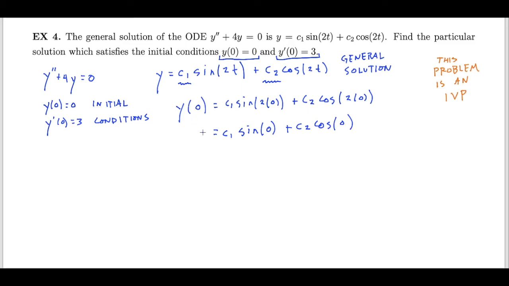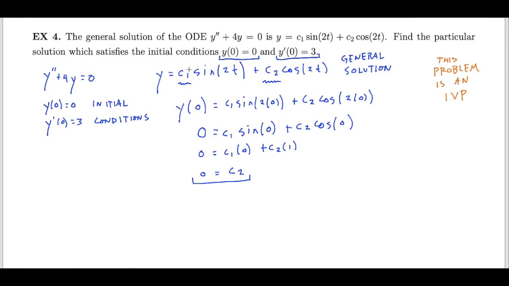So I can plug in that value here on the left. Now, if you remember from the unit circle, sine of 0 equals 0. Cosine of 0 equals 1. So simplifying this a little bit further, that tells me that C2, the second unknown constant in my general solution, in this particular case is going to be 0. So in my particular solution, I'll actually plug in the coefficient of C2 equals 0.